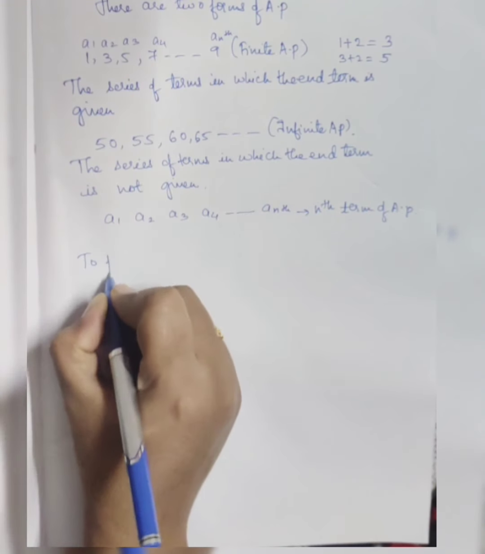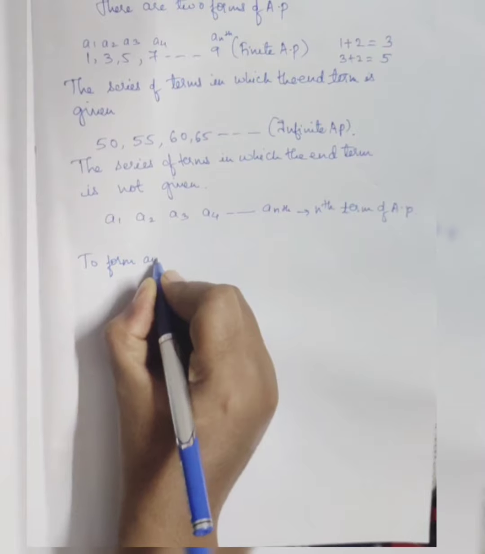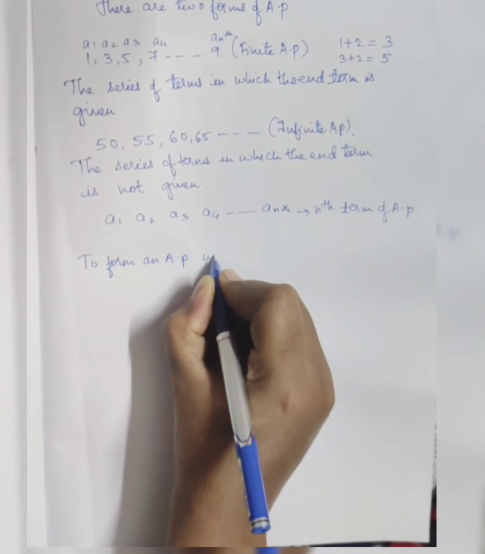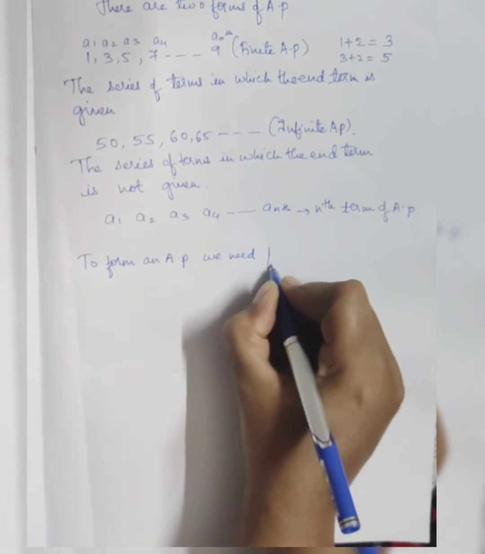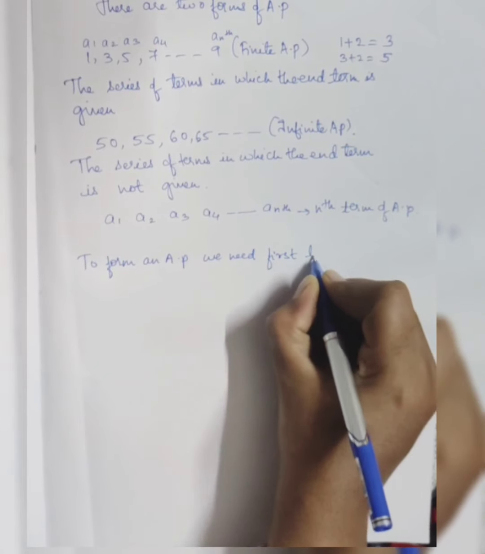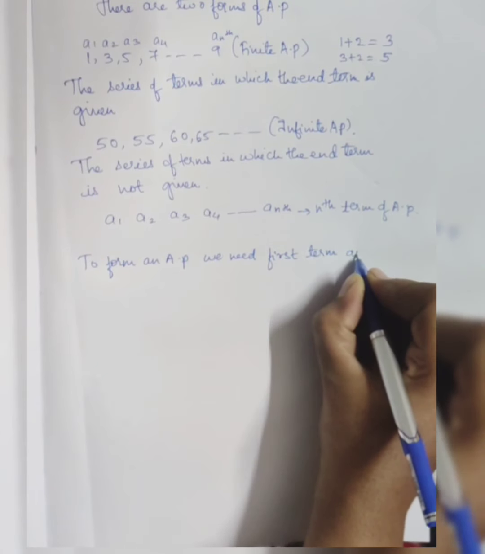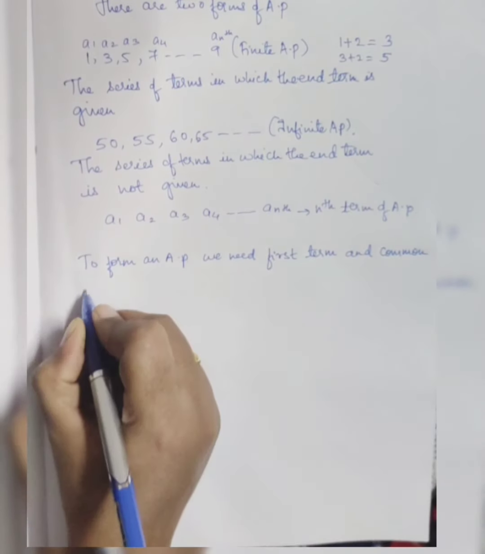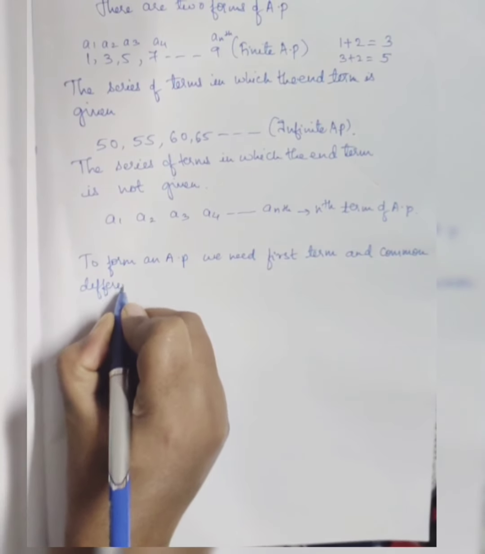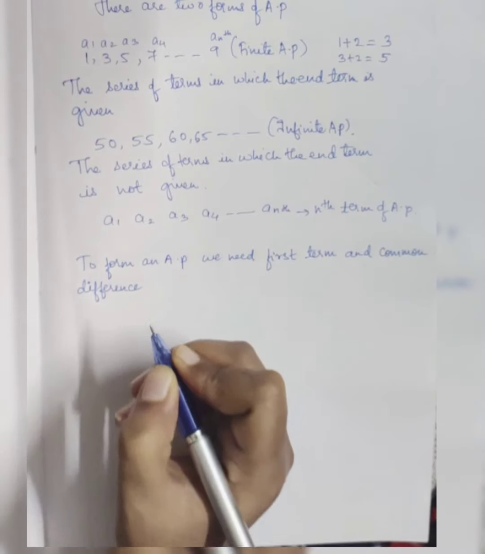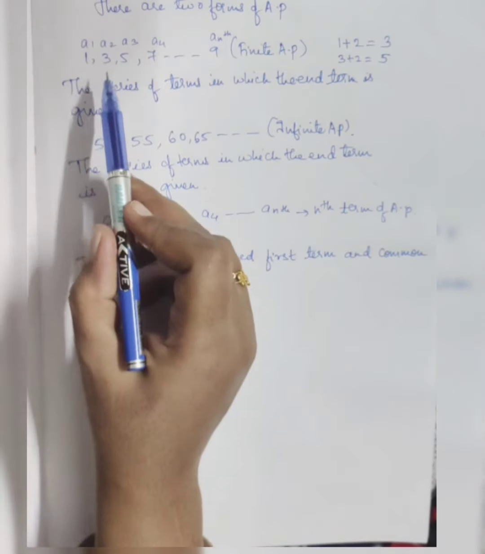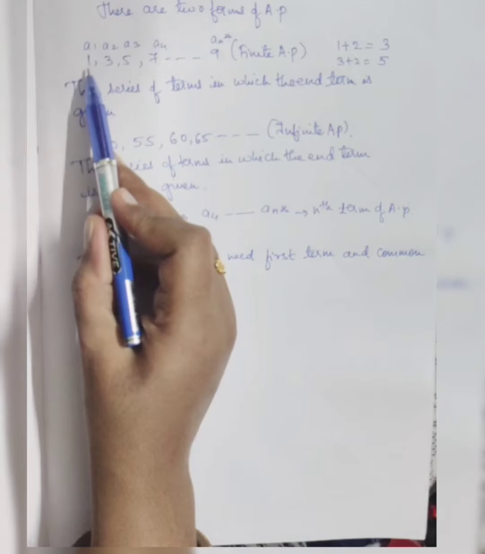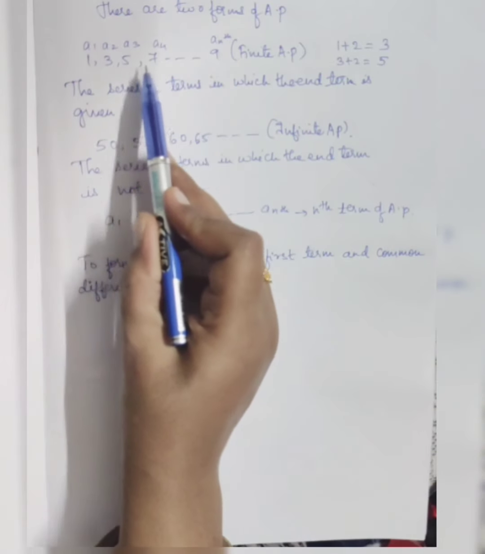To form an AP, we need first term and common difference. So, to check whether the sequence forms an AP, we need first term and the common difference.